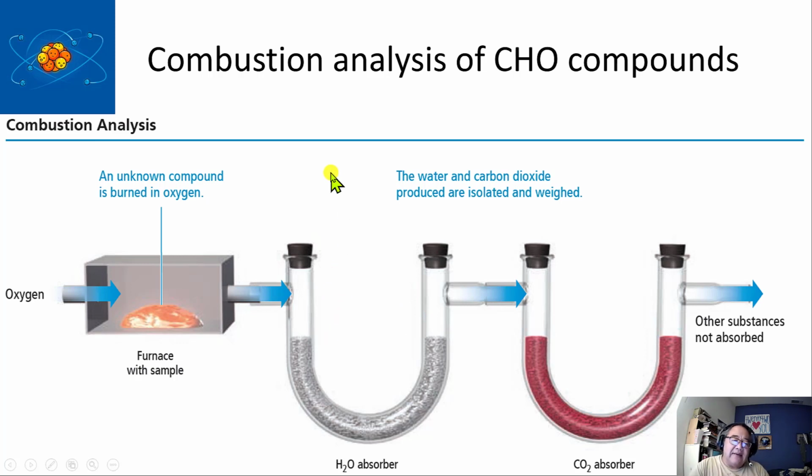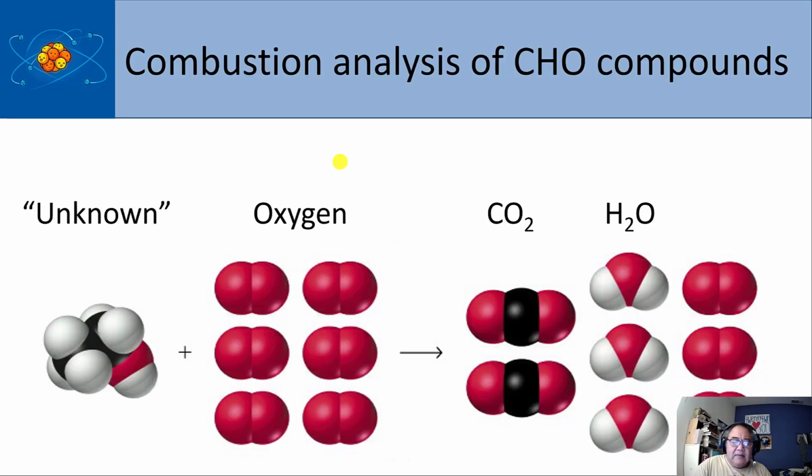We can use that information to figure out what the empirical formula is, and if we have data, for example, from a mass spectrometer, we can also figure out the molecular formula. The way this works in principle is that you take an unknown, like this compound here, and you burn it in oxygen, and it produces carbon dioxide, water, and then unused oxygen.